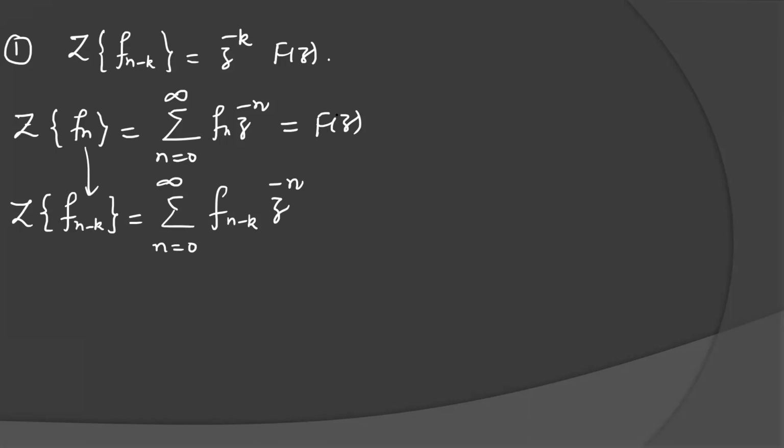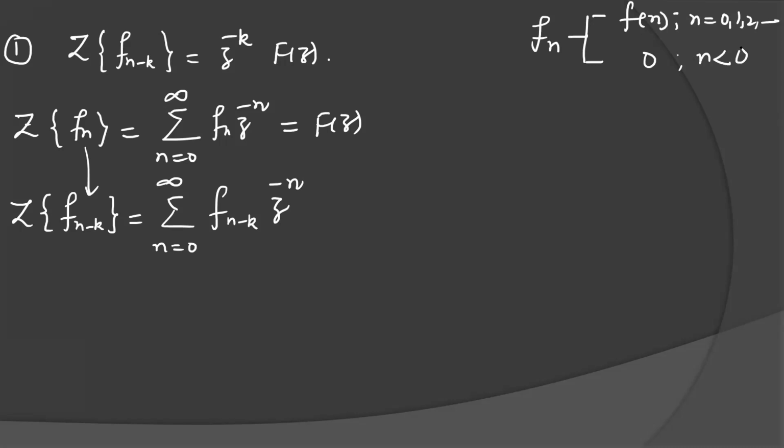Now if you see carefully, I told you the definition of Z transformation. Fn is defined as Fn only when n is 0, 1, 2 and so on. When n is less than 0, remember this is very important, the value of Fn I am supposing 0.